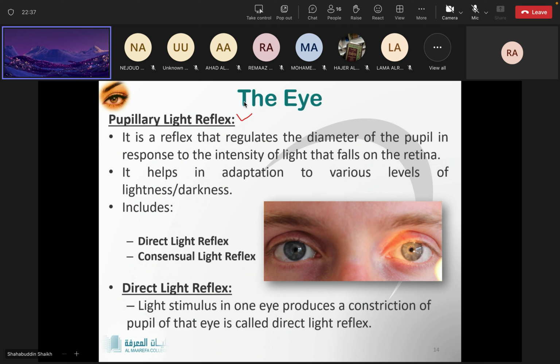In the eye, maximum bending of light takes place at the cornea. Okay? The most bending of light, or most refraction of light, takes place at the cornea. But the lens has the ability to change the bending. Okay? Because the lens can change shape.